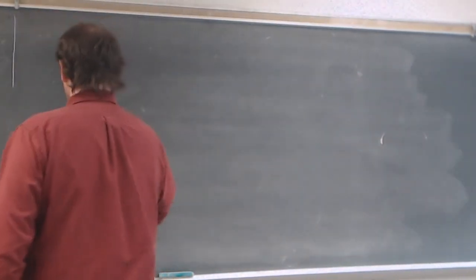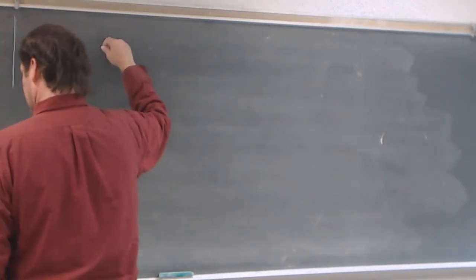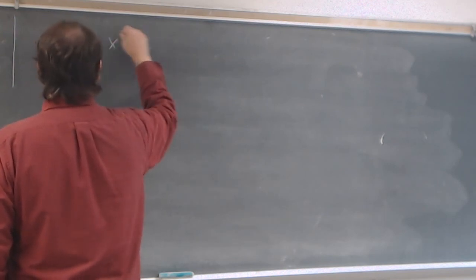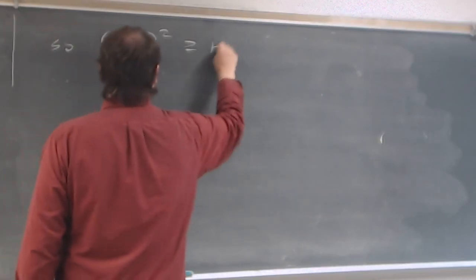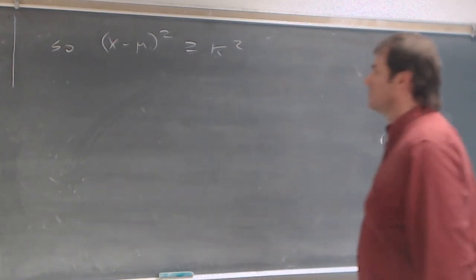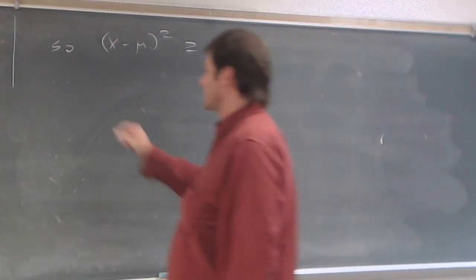So that says that (x minus mu) squared is greater than or equal to k squared. And that satisfies that one direction of the claim.